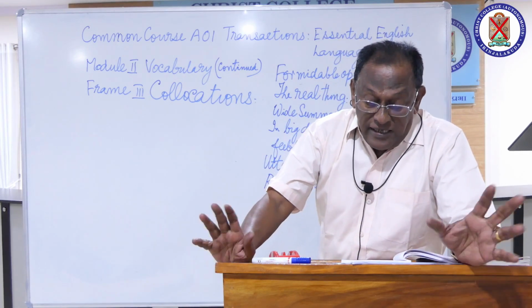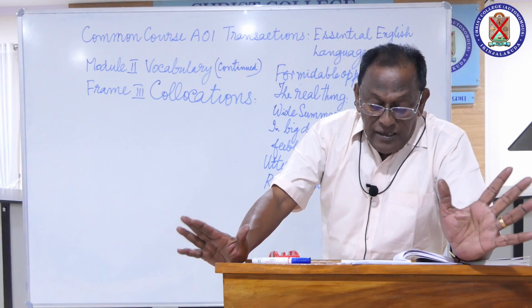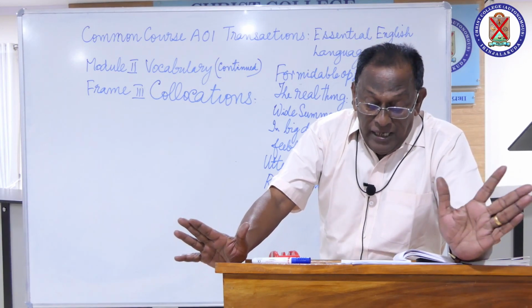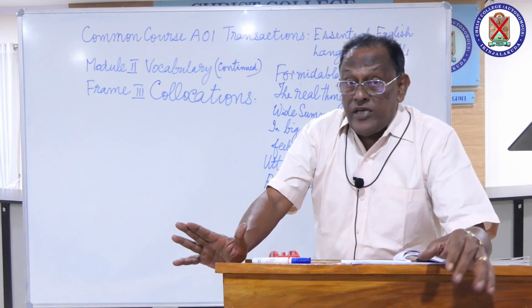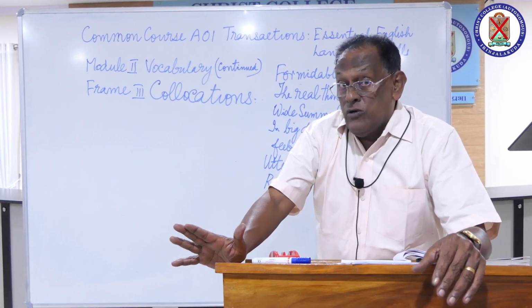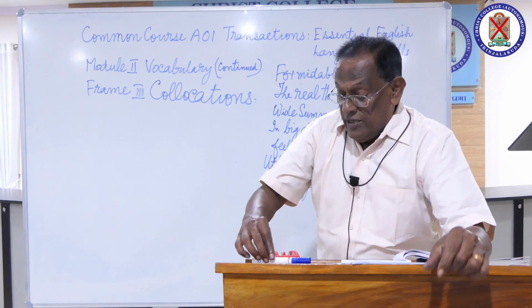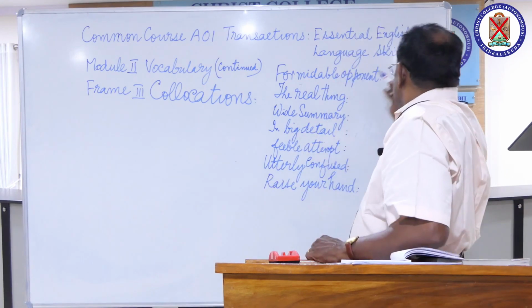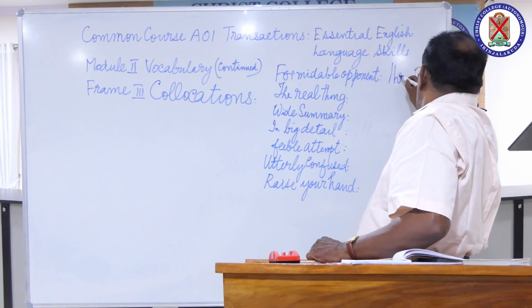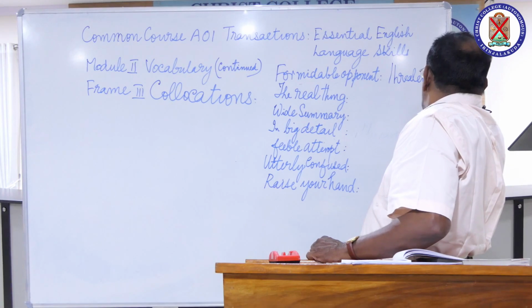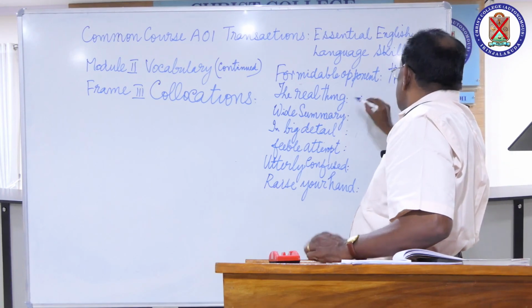So the correct collocation for formidable opponent is threatening opponent, one who is very dangerous. I'll just write threatening. Threatening opponent. That is the key word there.